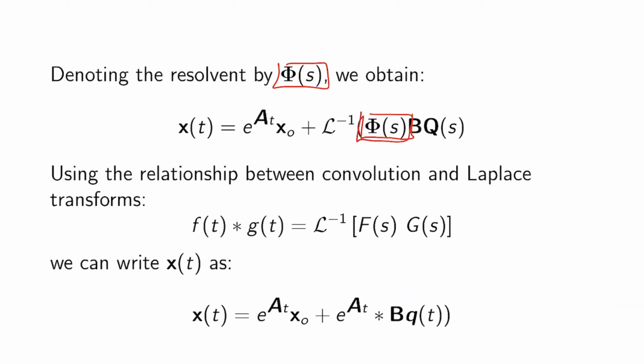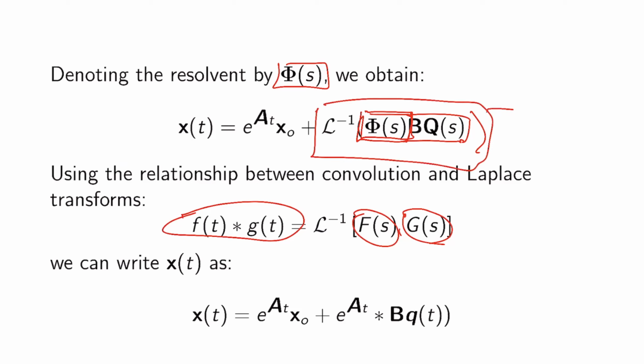I've got this piece here, which was the resolvent, and I've got this piece here, which refers to Q of S. This is a product of two transforms. Remember, the inverse of the product of two transforms is the convolution. Therefore, this actually is the convolution.